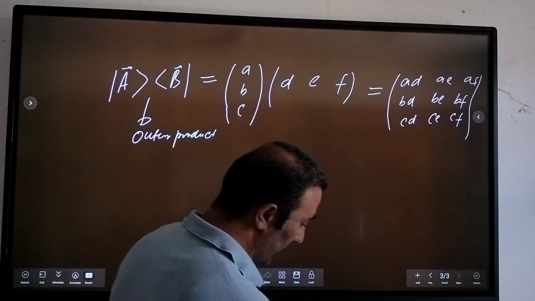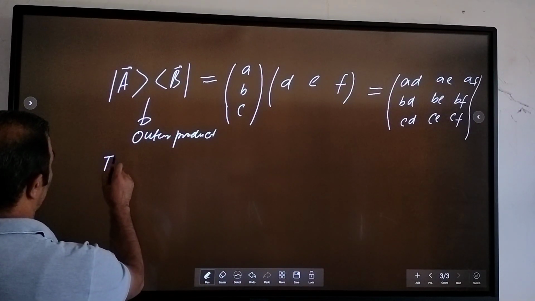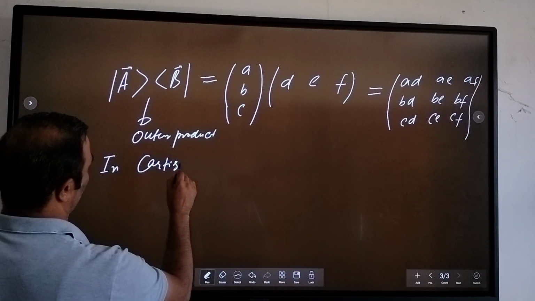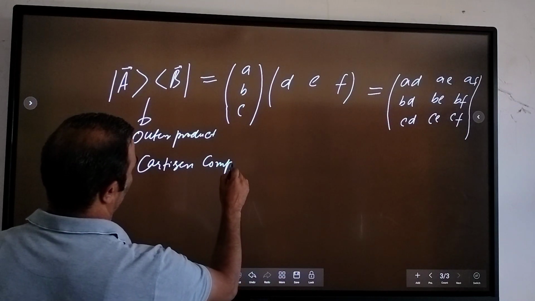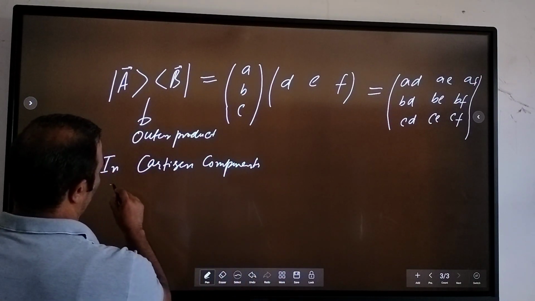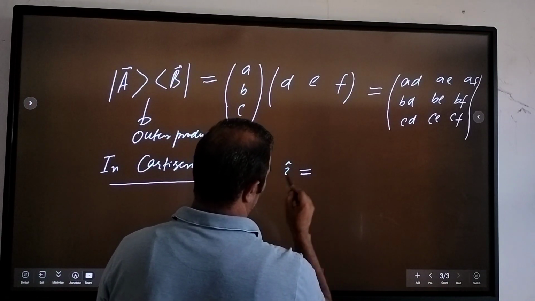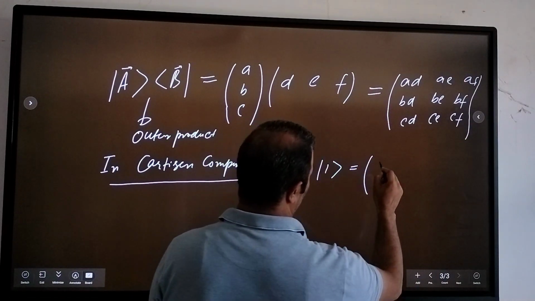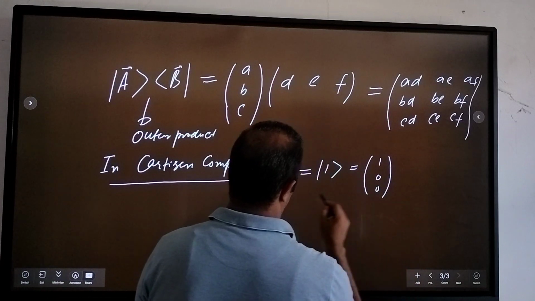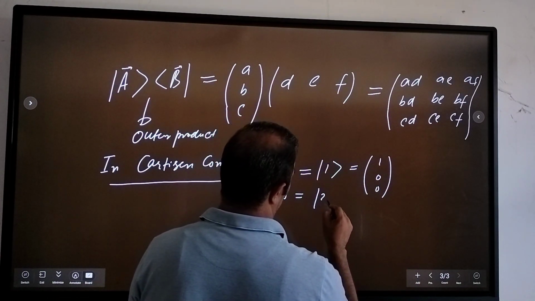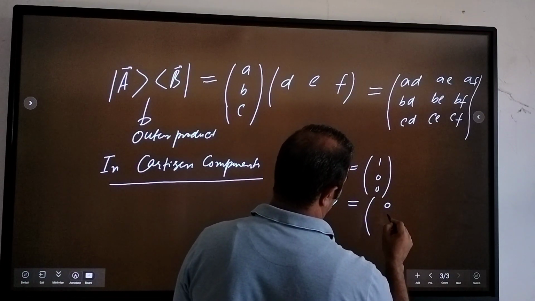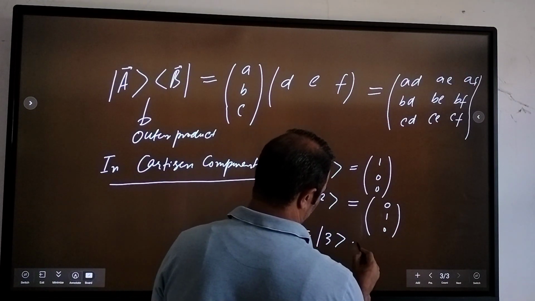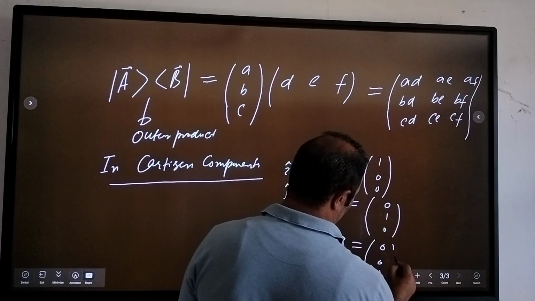So in Cartesian components, what's our i cap? i cap will be equal to 1 0 0, because these are unit vectors.